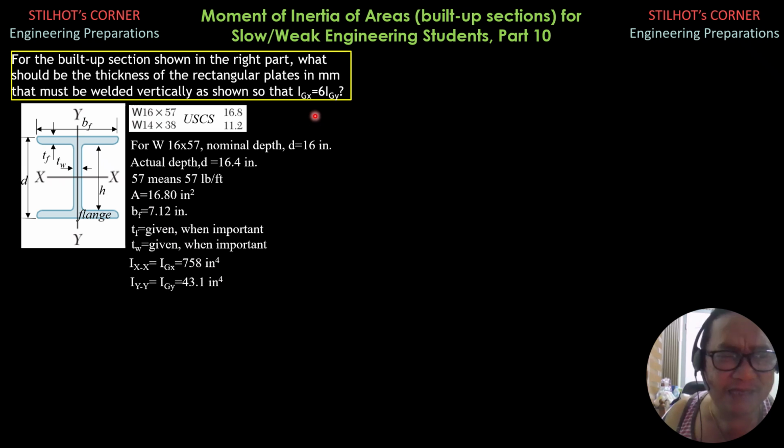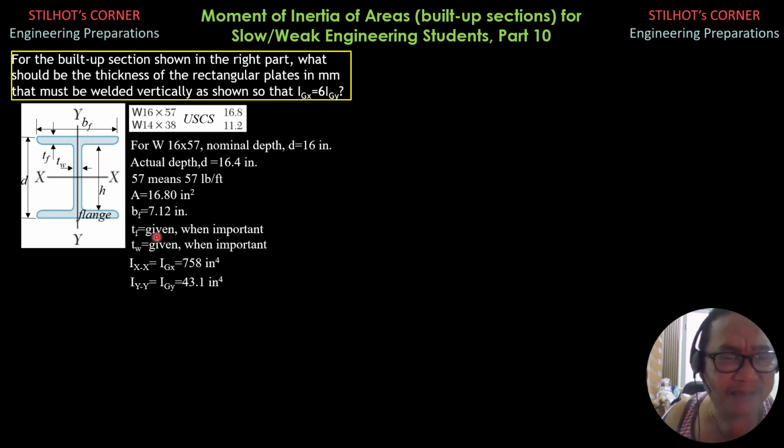So the area is 16.8. For W14 by 38, it's 11.2 square inches. So 16.8 square inches for W16 by 57. The width of the flange for this W16 by 57 is 7.12 inches. TF will be given in the problem when important, or when we should use this value or this element in order to analyze the problem.